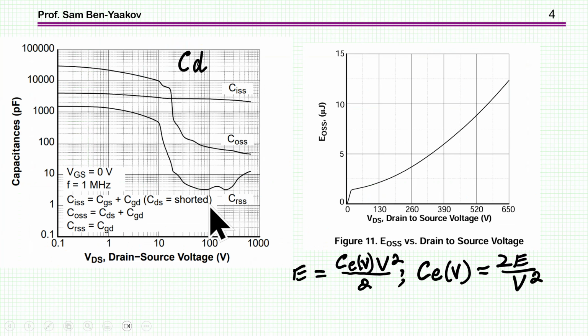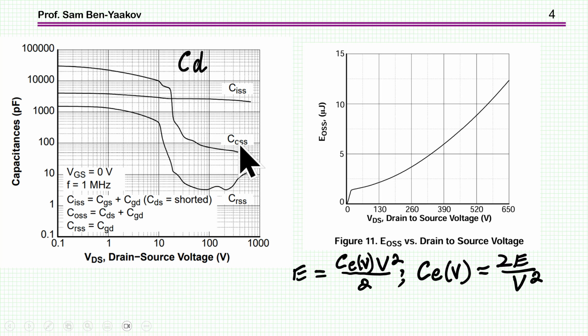Now, the classical information about capacitances are these plots. These are small signal differential capacitances. They are measured at different voltages at 1 megahertz, as a matter of fact, with small signal. So it's a small signal capacitance, call it differential or derivative capacitance.